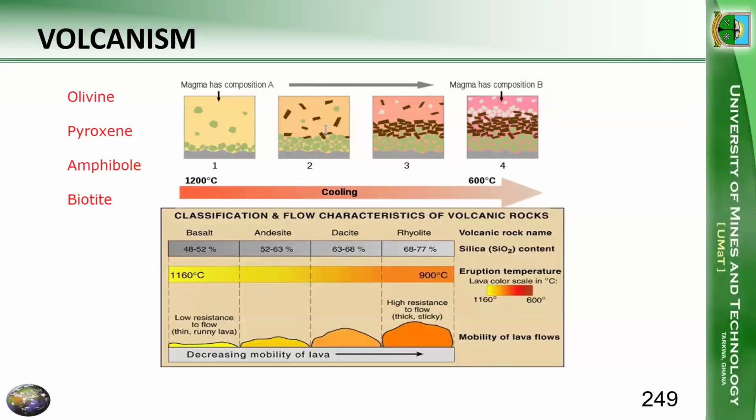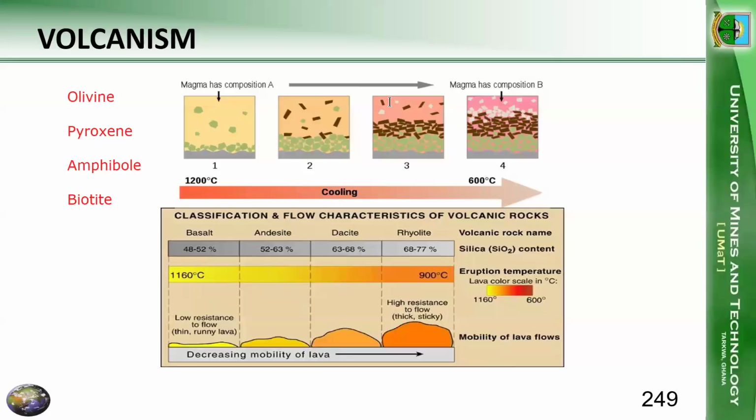So the magma originally can be basic. If we say the magma is originally basic, it means that this magma had a low silica content. But as we continue to remove iron and magnesium from the melt, and we are forming minerals like your olivine, your pyroxene, and your amphibole, with time, the resulting magma will now have a lot of silica left in it because all the iron, magnesium, and calcium have been removed.